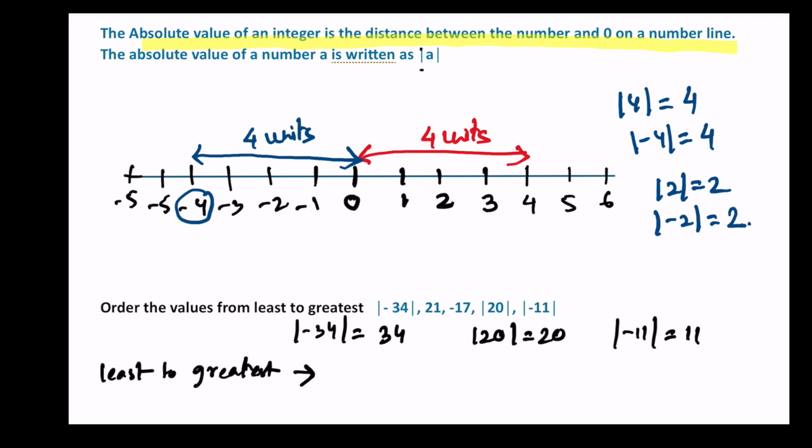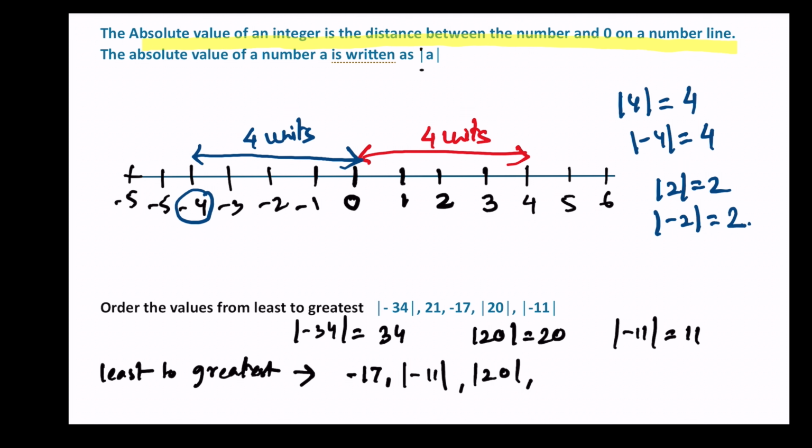The least value is minus 17 because it's a negative integer. Next is positive 11, which is basically the absolute value of minus 11. Next is 20, which is basically the absolute value of 20.